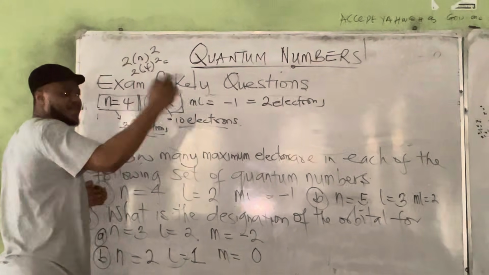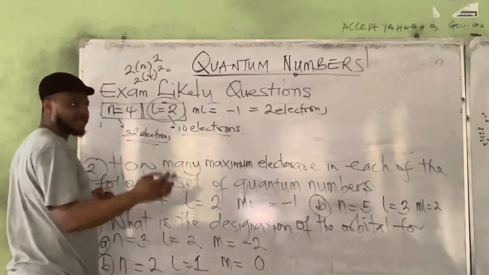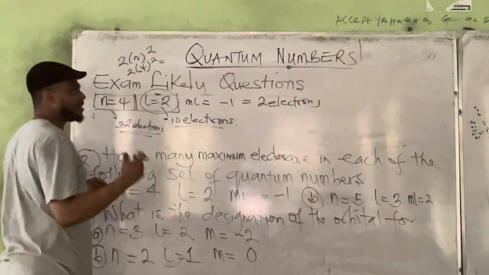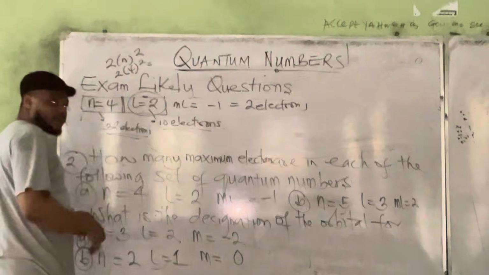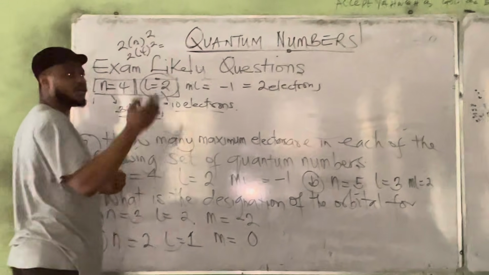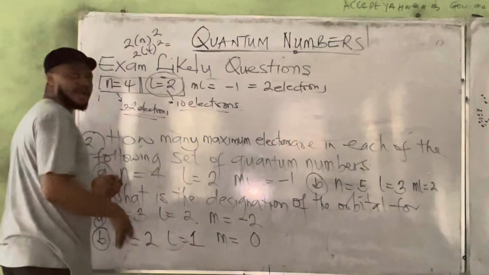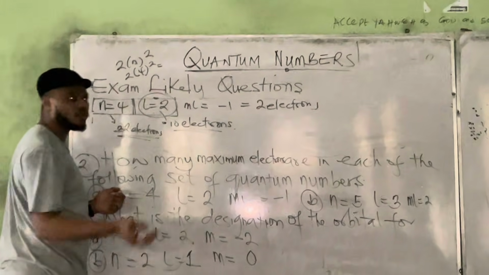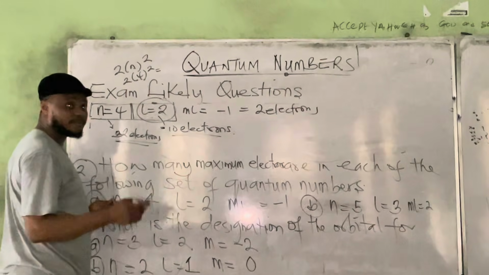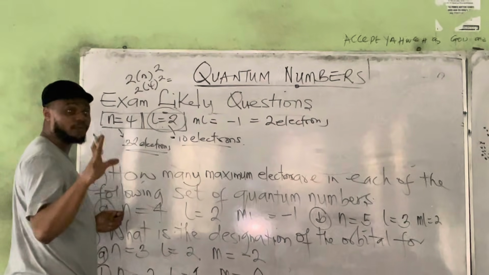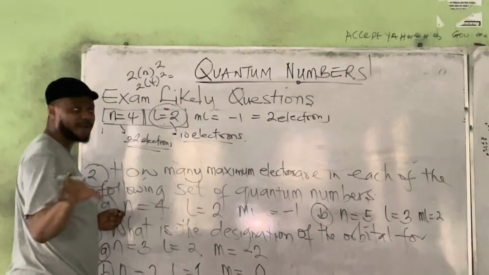I told you that s can hold just 2, and for s, l is equal to 0. P, l is equal to 1, D, l is equal to 2, F, l is equal to 3, and G, l is equal to 4.